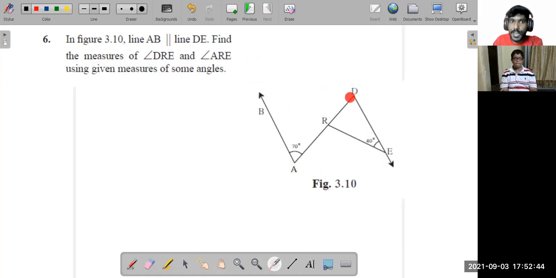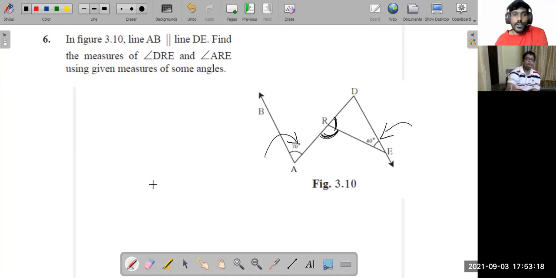Then find the measure of angle DRE, that is this angle, and the measure of angle ARE, that is this one. You have to find this measure and this measure. Is the question clear? And what is given? This is 40 degrees given to you. This is 70 degrees given to you. Clear?